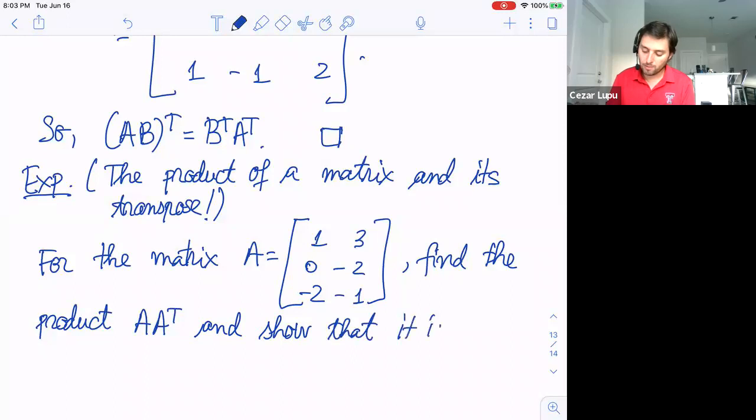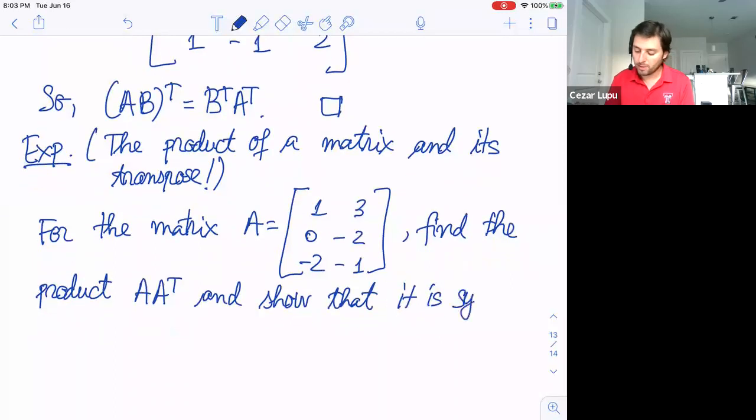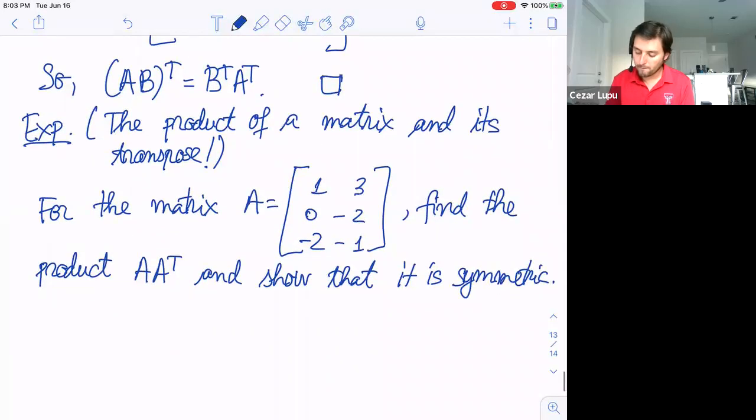and I'll explain immediately what symmetric means. Well, first of all, let's compute this. But before we start computing this product of A and A transpose, I want you to tell me what is the dimension of A? So let's write it.